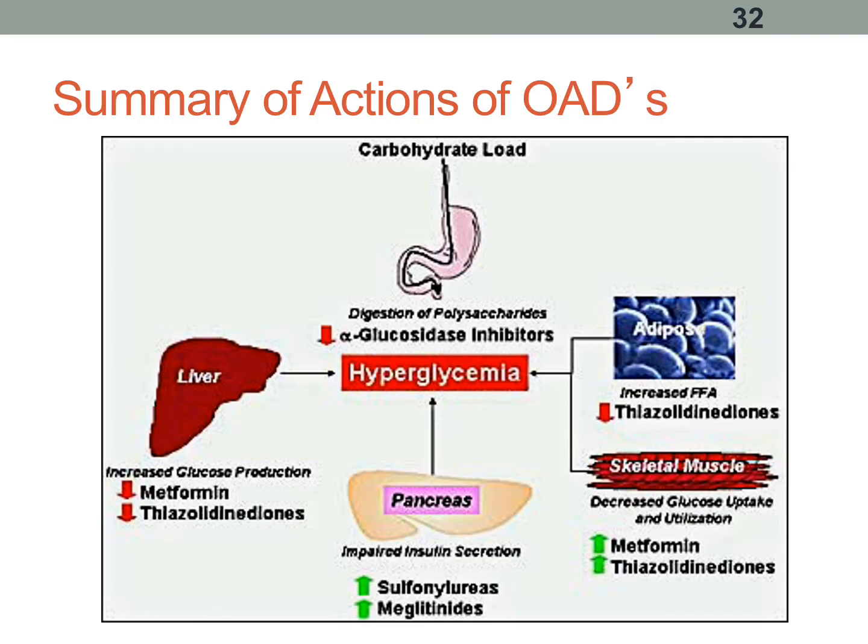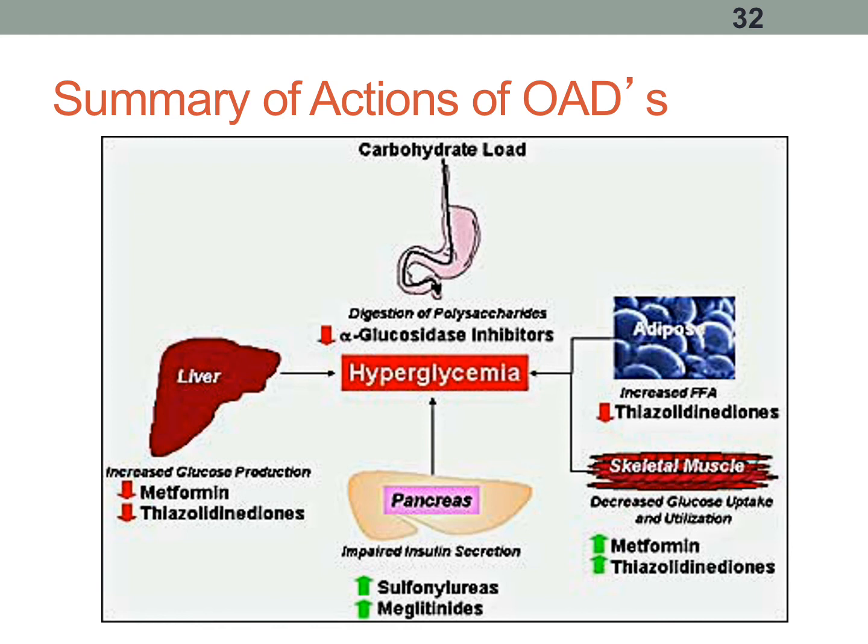Moving on, just to summarize the action of the drugs that we've talked about. We talked about the insulin secretagogues, increasing insulin secretion. We talked about improving insulin sensitivity: metformin mainly in the liver, and the thiazolidinediones mainly in the peripheral tissues.